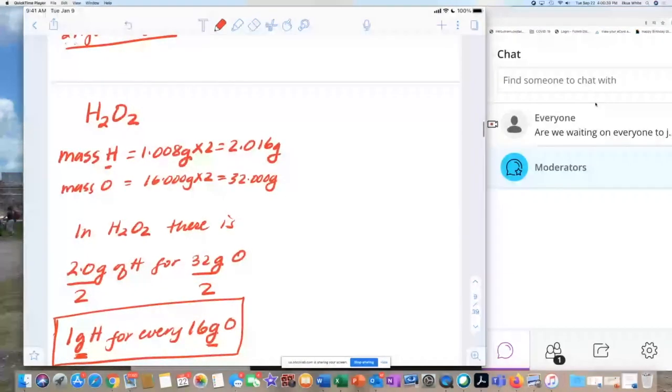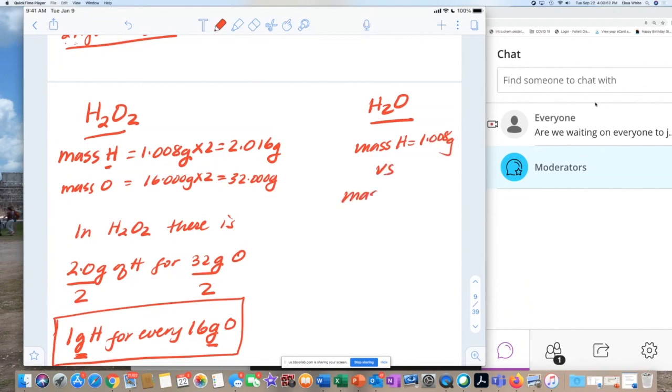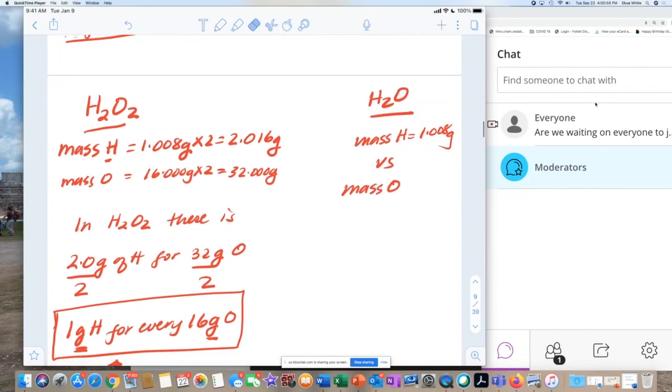Okay? Same thing with H2O. With H2O this time, though, we're looking at the mass of hydrogen, which is 1.008 grams, versus the mass of oxygen. So before I forget, let me double the mass of hydrogen because it is two hydrogens in the water, right? So if this is two hydrogens, this would be what? 2.016 grams. And then compare this with the mass of oxygen, which is going to be 16.000 grams.